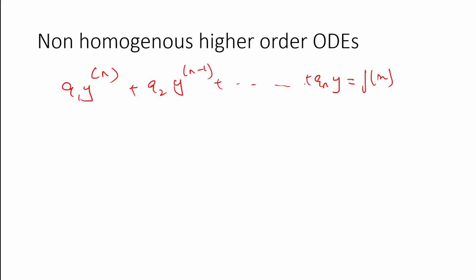Now again we don't know how to solve a non-homogeneous higher order ODE if this is so general. So we look at some special forms, and our special forms are again the same thing. We can solve a Cauchy-Euler form of non-homogeneous higher order, and we can solve constant coefficients form of non-homogeneous higher order, and we can also convert to normal form and solve some non-homogeneous higher order equations, that is also possible.